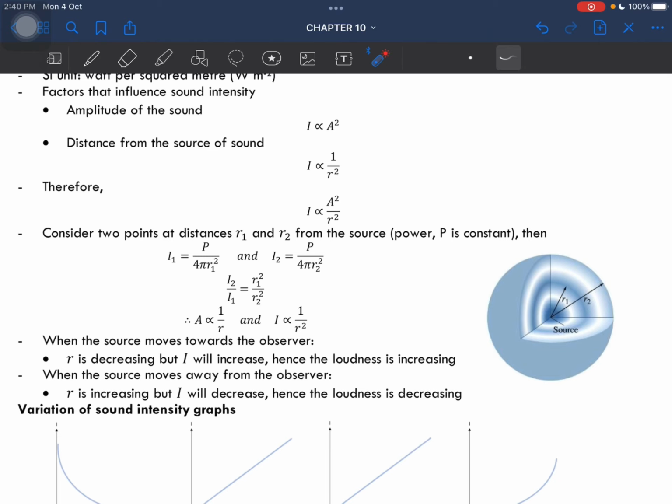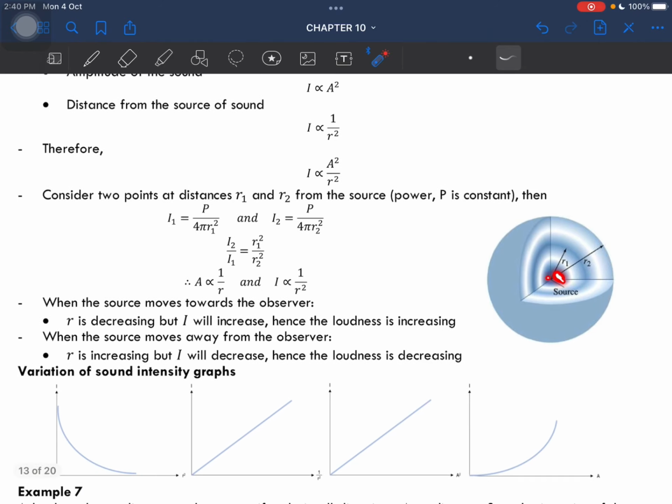The greater the distance from the source, the larger the area being covered, which causes a given amount of sound energy to be spread out. So a lower intensity of sound can be heard as it goes further away from the source.